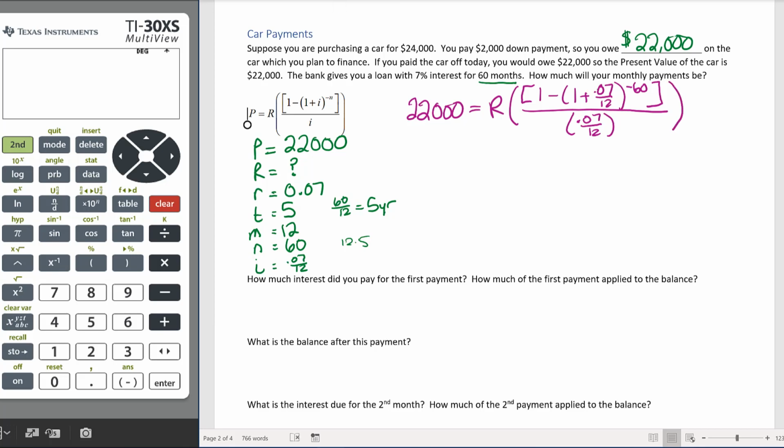Now, because I'm solving for R, and R is not already by itself, what I'm going to do is use the 22,000, and then I would like to simplify or reduce the parentheses here. So I'm going to go ahead and type that parentheses in. Parentheses, then a bracket, 1 minus parentheses 1 plus 0.07 divided by 12, close that parentheses, raise it to the negative 60.